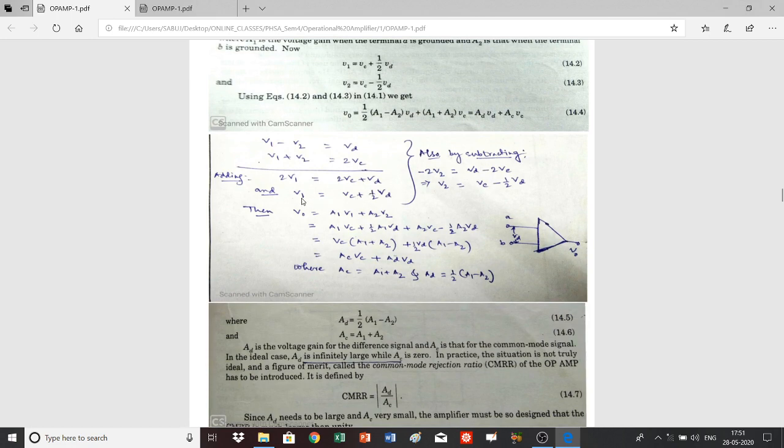Substituting these values of V1 and V2 in this equation, we finally get Vc into A1 plus A2, plus half Vd into A1 minus A2. That is equal to Ac Vc plus Ad Vd, where Ac is equal to A1 plus A2, which is called the gain for the common mode signal, and Ad is equal to half A1 minus A2, which is called the gain for the difference voltage.